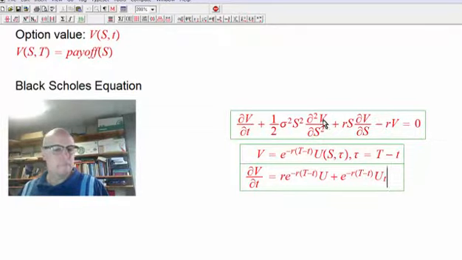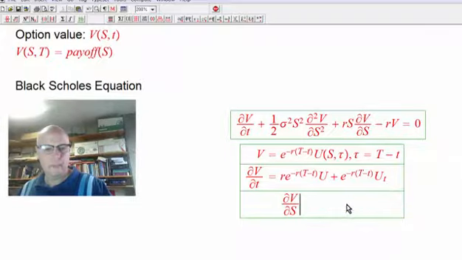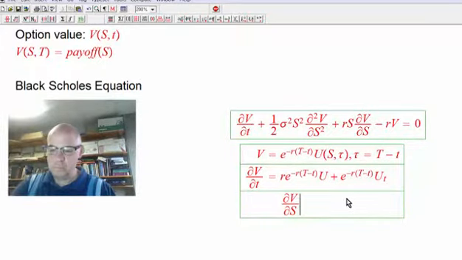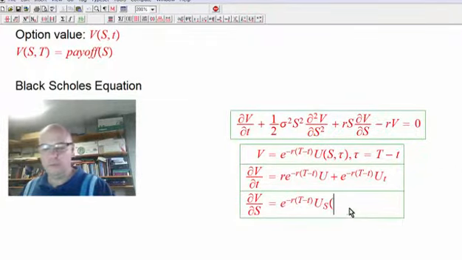The other stock derivatives: that's dV dt. If I want dV ds, there is no s in the first part, so we're just taking the partial derivative of u with respect to the stock.